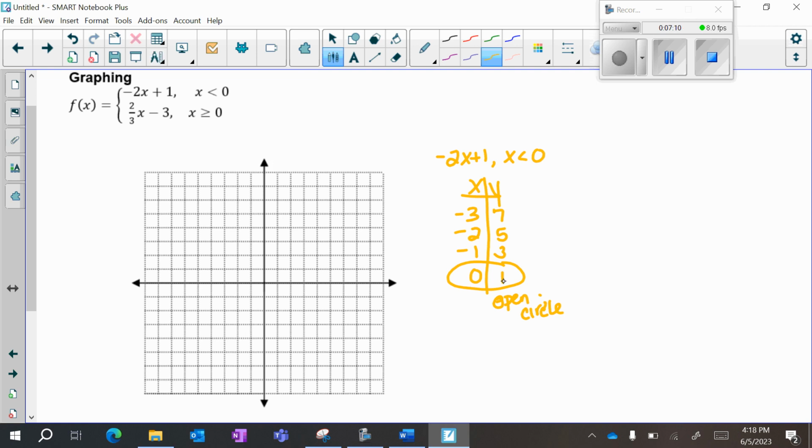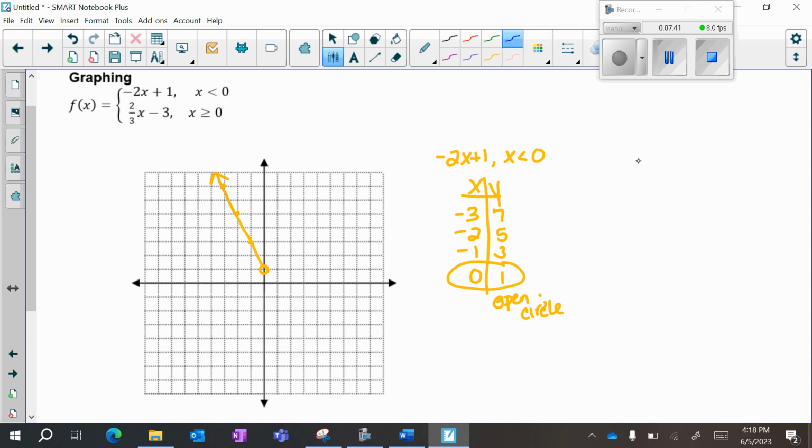So like I said, if you wanted to use slope-intercept, you could plot out 0, 1 is my y-intercept, and I'm going to be having a slope of negative 2, so it should look like this. Now, whoops, I miscounted. Should look like this. So I have an open circle on this endpoint, and there's nothing on this endpoint, so there should be an arrow. Then I'm going to go to my next piece.